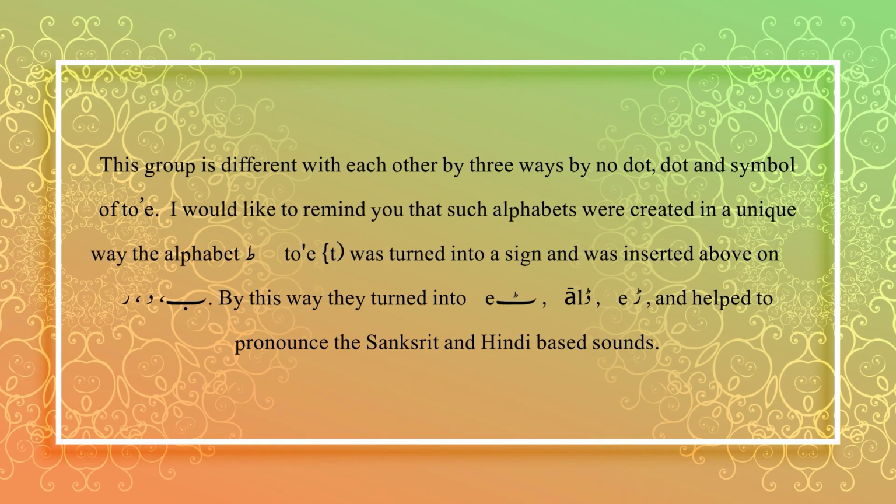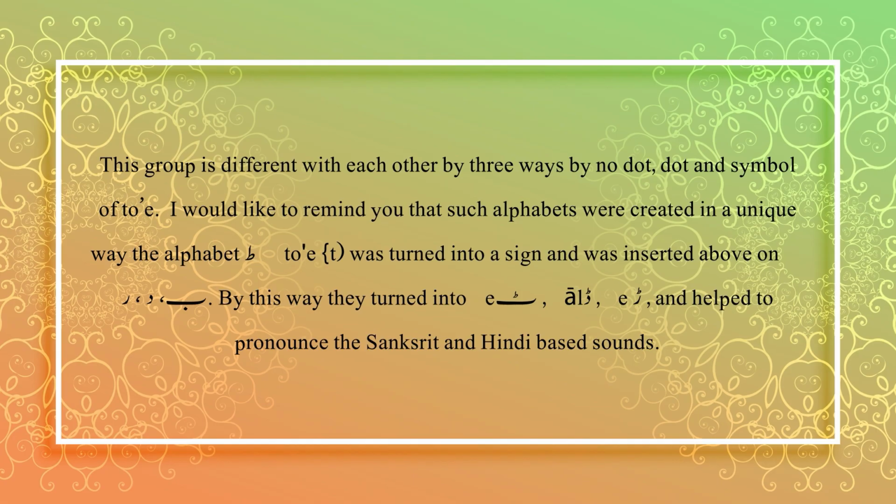I would like to remind you that such alphabets were created in a unique way. The alphabet toy was turned into a sign and was inserted above Be, Dal, Re. In this way, they turned into Te, Be.